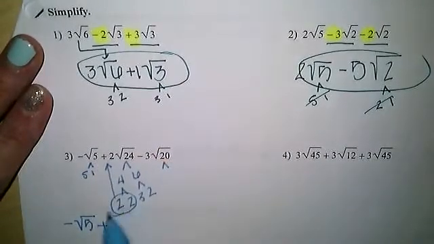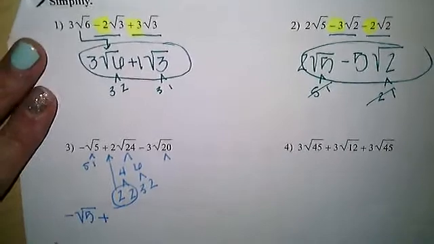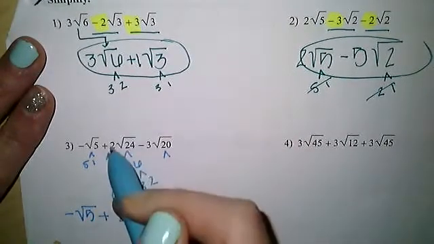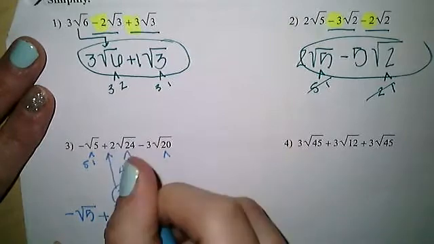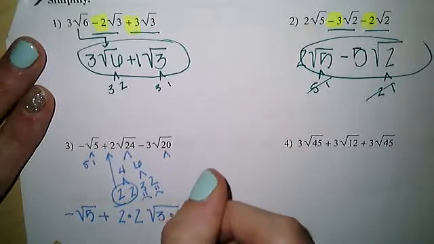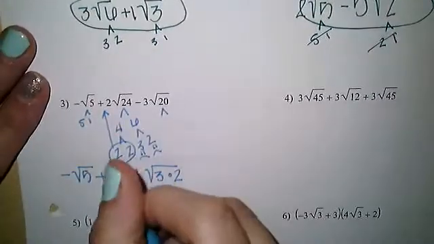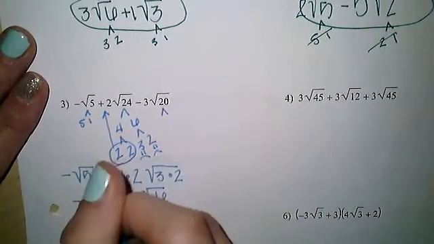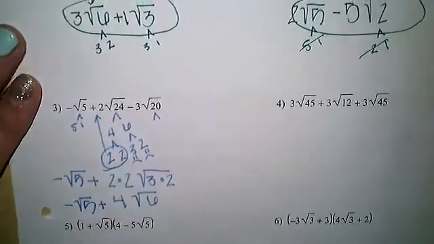We're going to take this pair of 2's and you're going to bring it out one time and multiply it with the 2 that's already out here. And then the loners go on the inside and multiply together, which gives us 4 radical 6. And negative radical 5 stays.